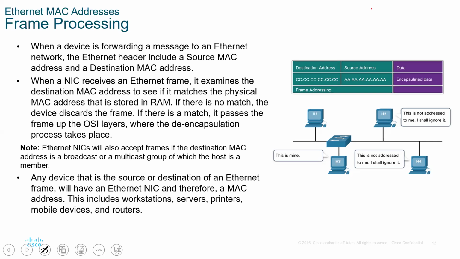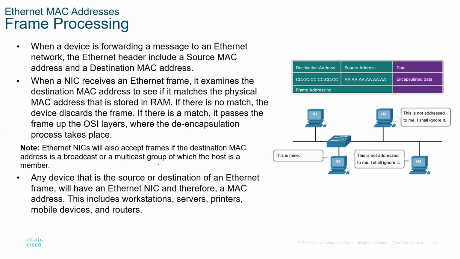So when a device is forwarding a message to an Ethernet network, the Ethernet header will include the source address and the destination address. Okay, it will include both the source and the destination.